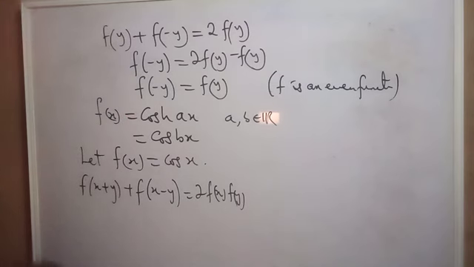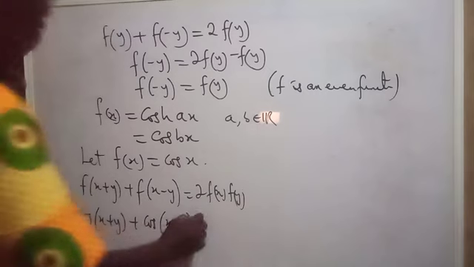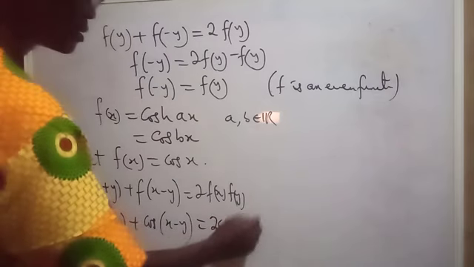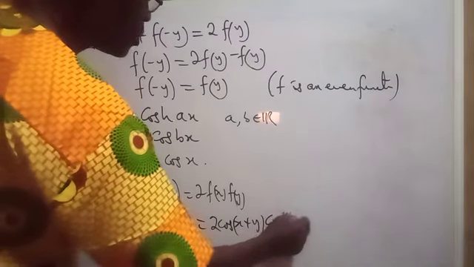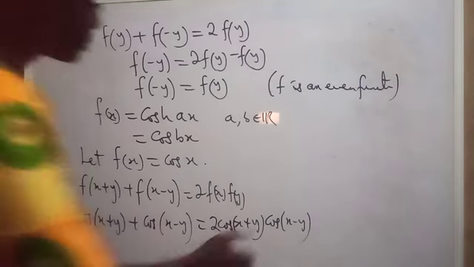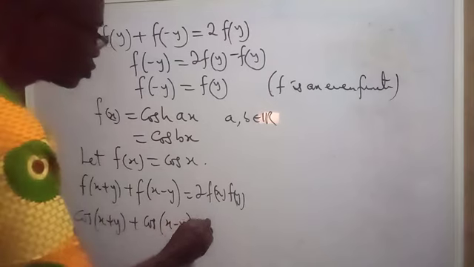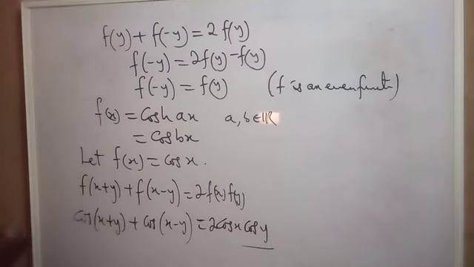By the time we assume that f of x is cos x, this will be cos of x plus y plus cos of x minus y, which will be equal to 2 f of x f of y. Since f of x is cos x, that is 2 cos x cos y. Thank you for the correction.